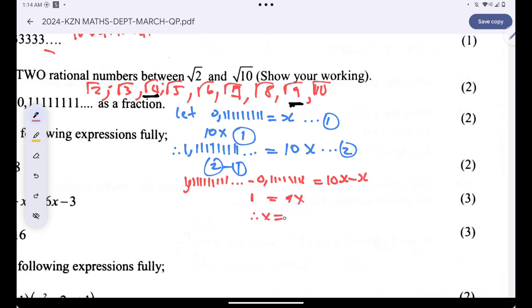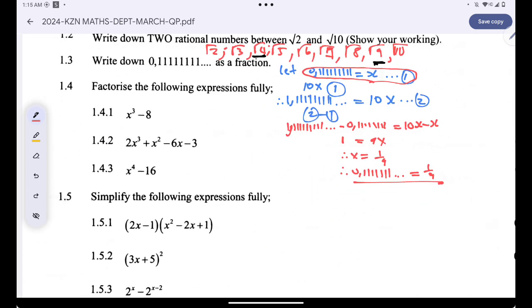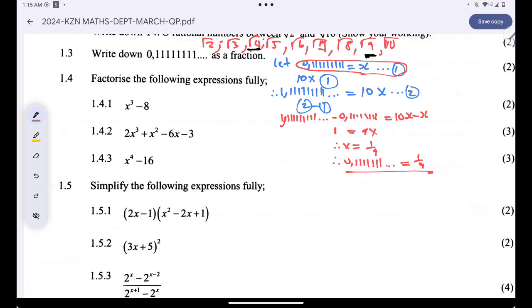So therefore x is equal to 1 over 9. But please remember, we said x is equal to this in our first step. So therefore we can say that 0.111111 recurring is equal to 1 over 9. Are we together? So that's how we deal with that.